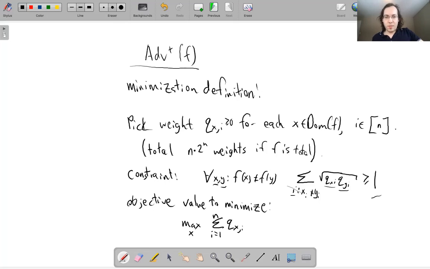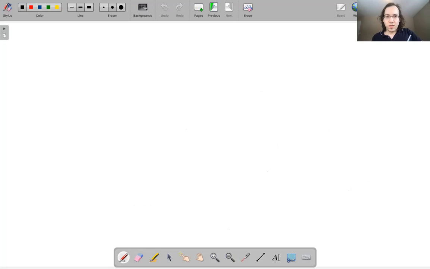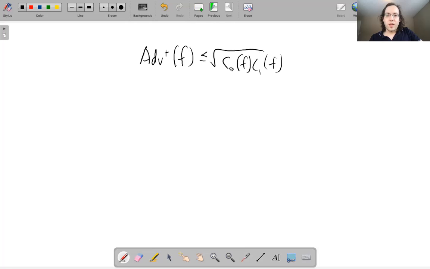Okay, and we can come up with some simple upper bounds. So one upper bound is that for a total function, ADV±(F) is at most the square root of C0(F) times C1(F), if F is total.